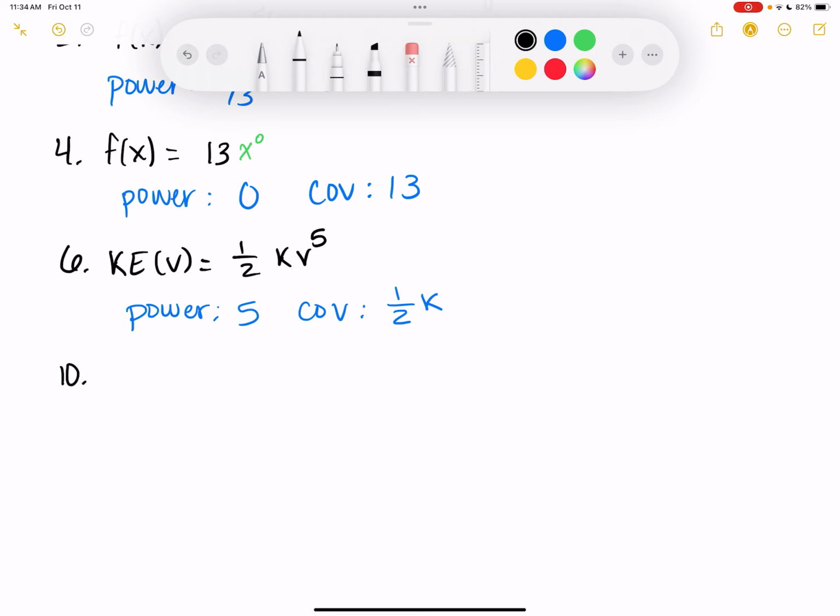10. F of A equals M times A. Anybody know what that's the formula for? Mass and acceleration.